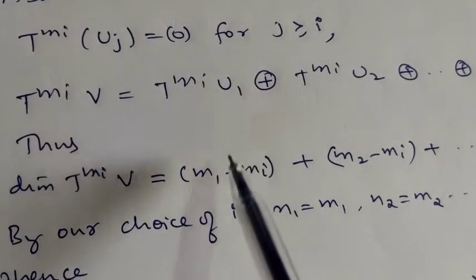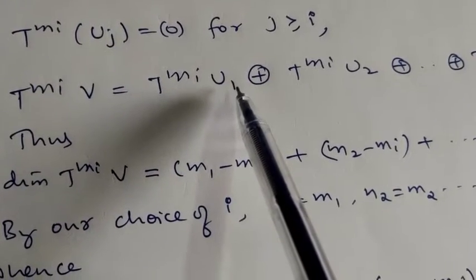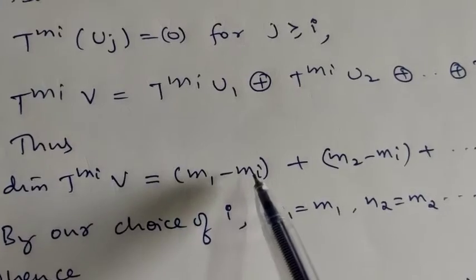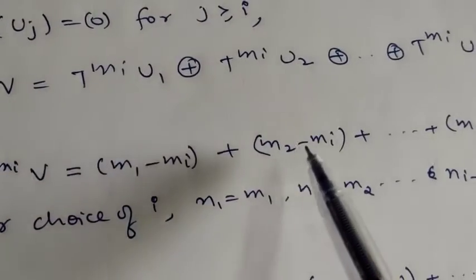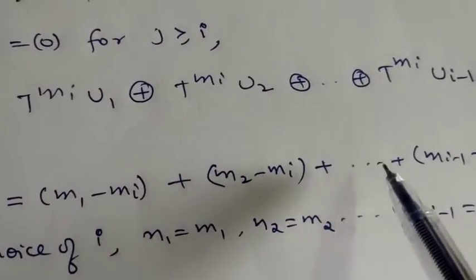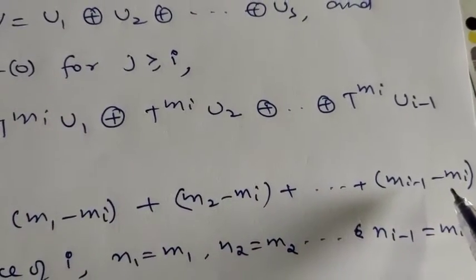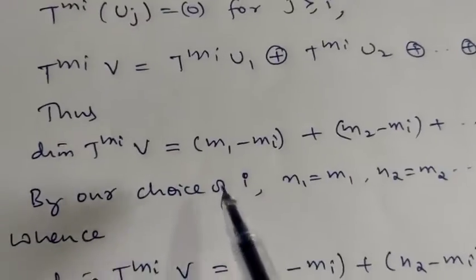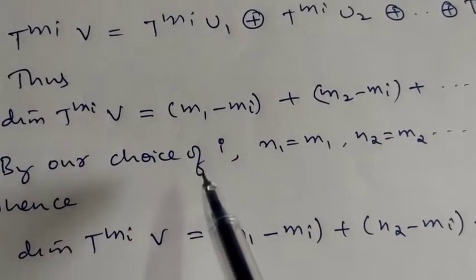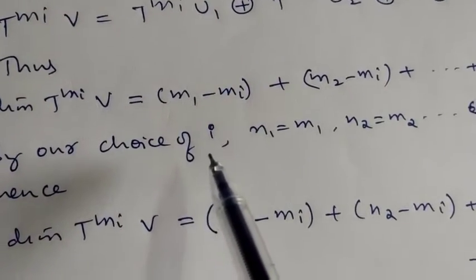According to the above lemma, since u1 is of dimension m1, it gives m1 minus mi plus m2 minus mi, etc., up to mi minus 1 minus mi. But by our choice of i, i is the first integer where ni is not equal to mi.